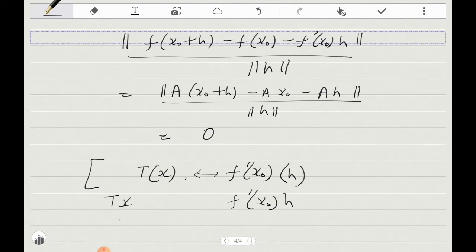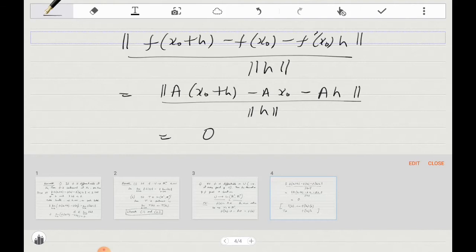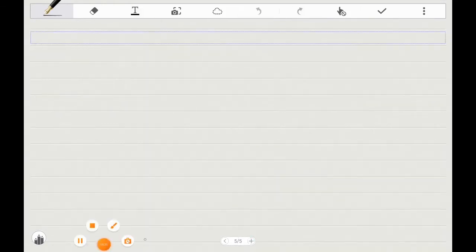So, okay, now let me prove the chain rule. So the setup is, I have two functions.